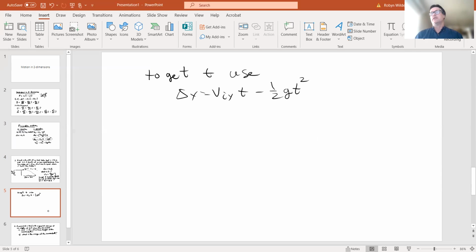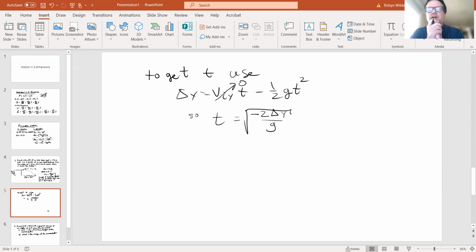And I like to get a formula. The easiest way is to plug in that VIY is 0, because it doesn't have an initial y component. If I solve for t, with a little algebra, I get -2 delta y divided by g, and then I take a square root of that. So there's my expression for the time.